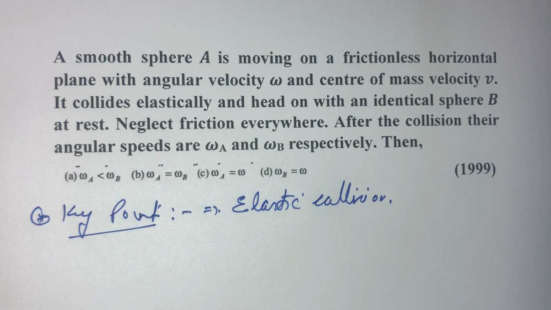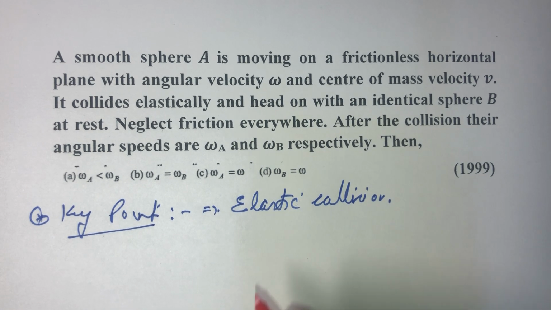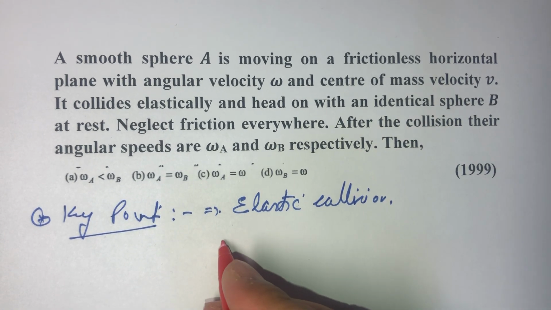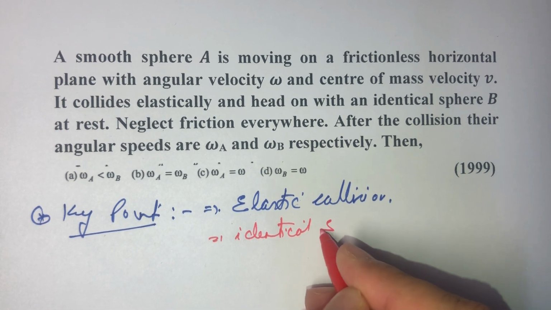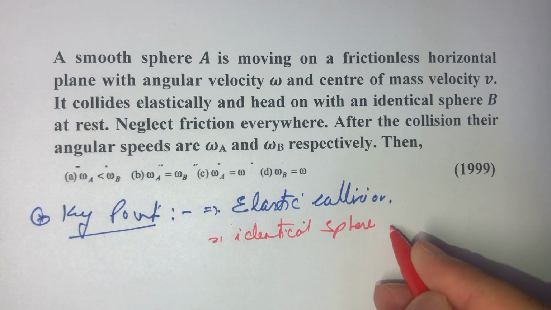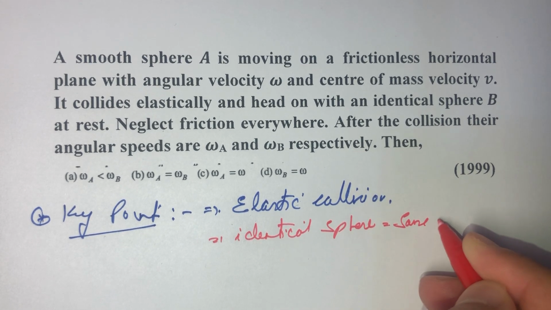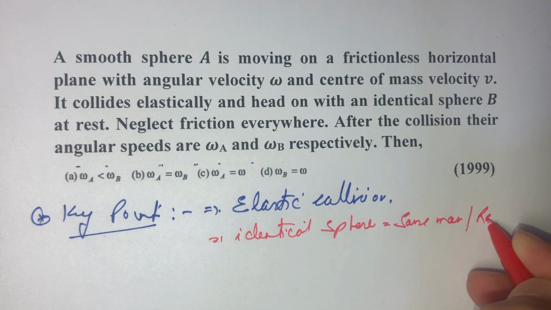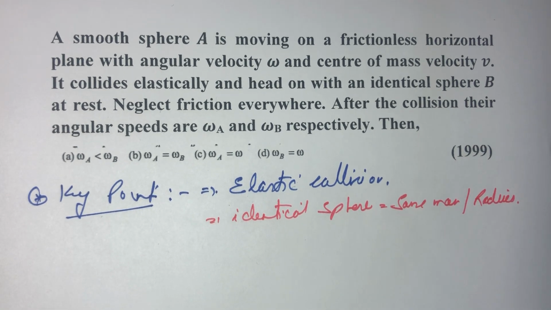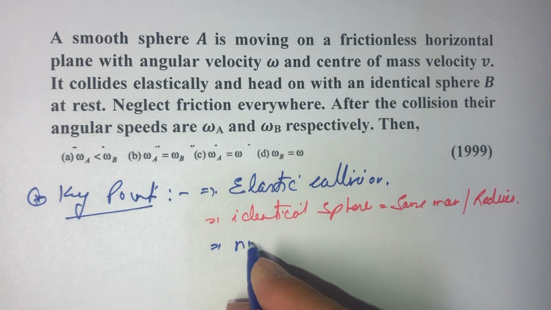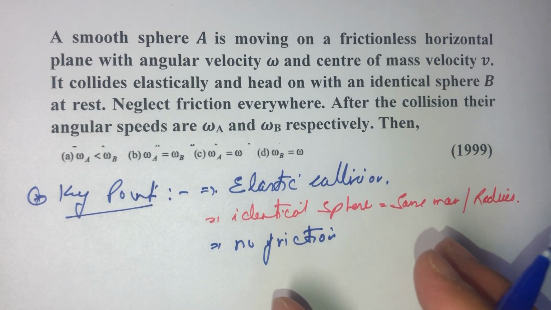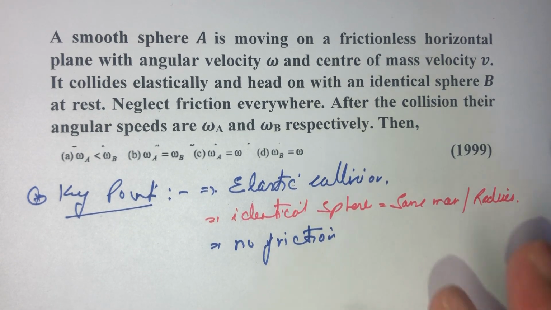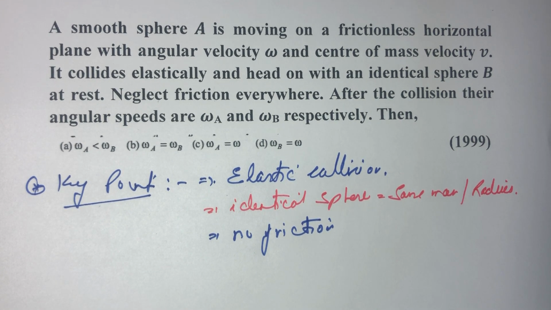And it is also given that the spheres are identical, which means they have the same mass as well as radius. And third, the important one is that there is no friction, neither between the spheres nor between the surface and the sphere.